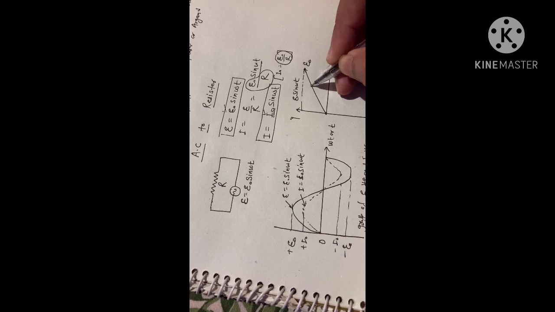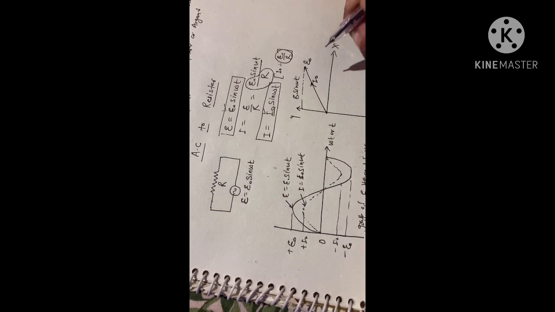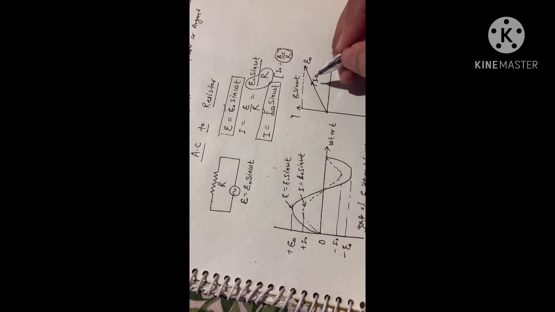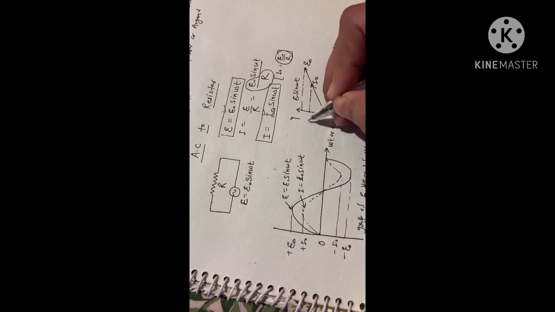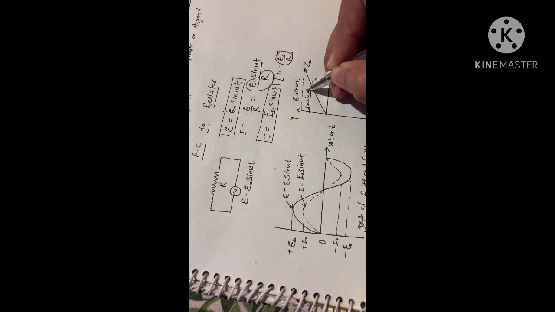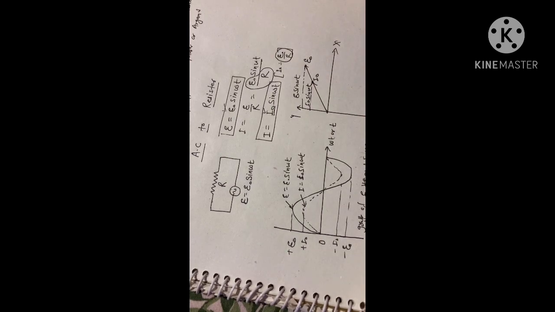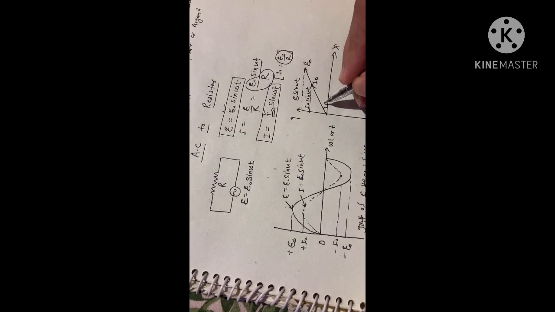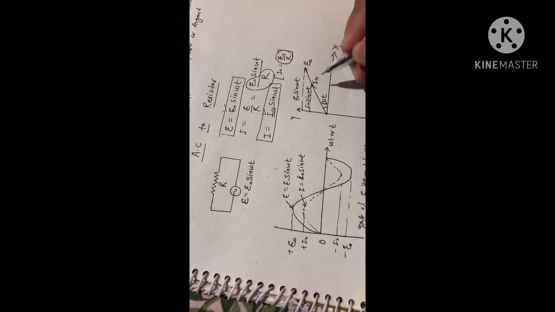From the equation you can see the current is less, so select one point anywhere here and make an arrow. This is I0, the peak value of current. Draw one line, and you can write I0 sin omega t, with the initial angle omega t.